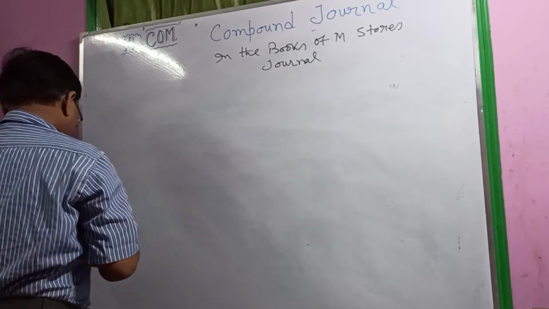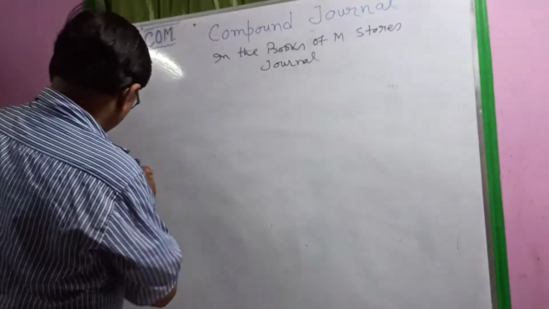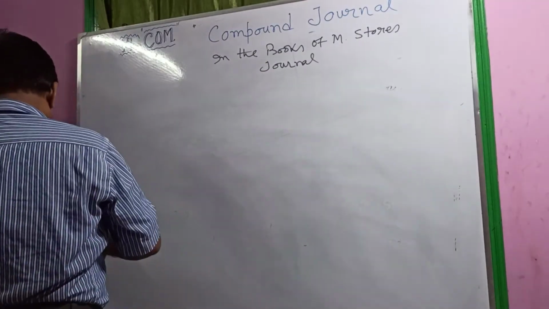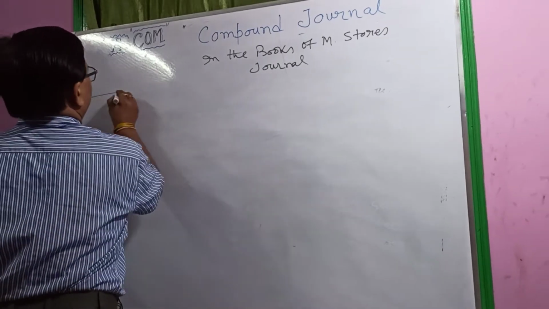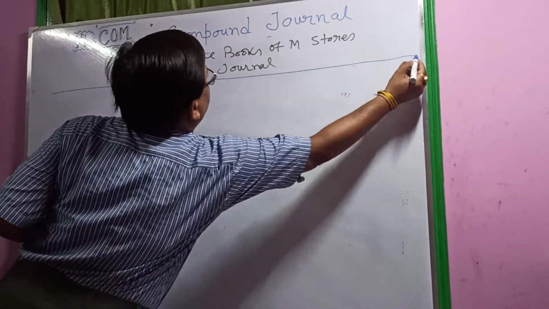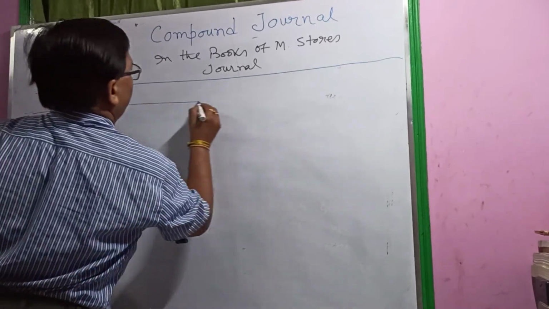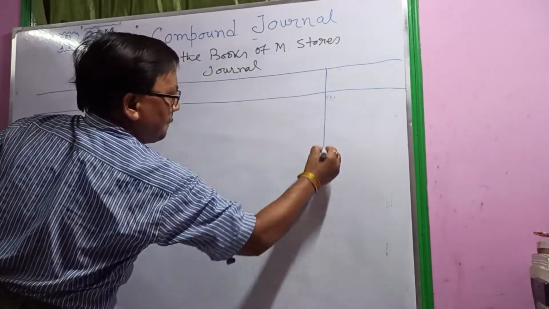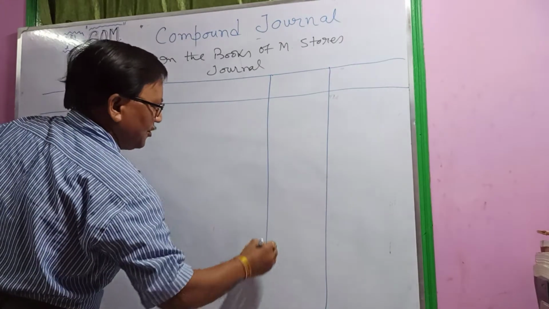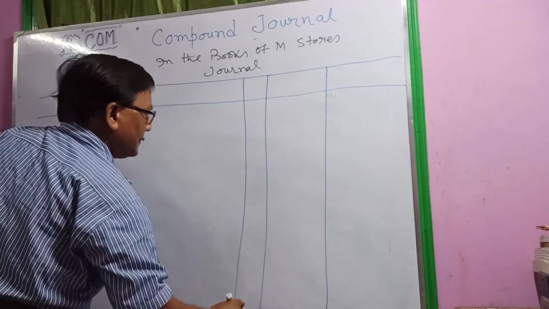Now the format you prepare: date, particulars, ledger folio, debit and credit.